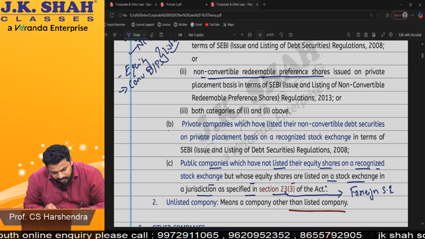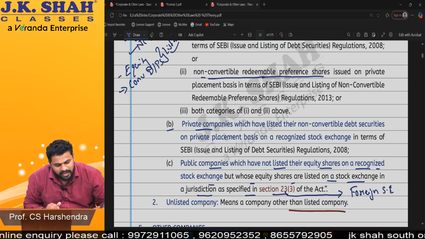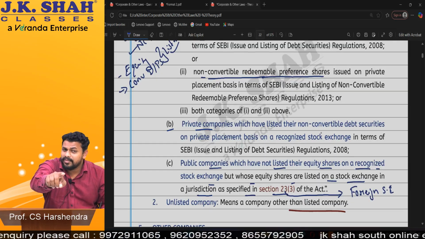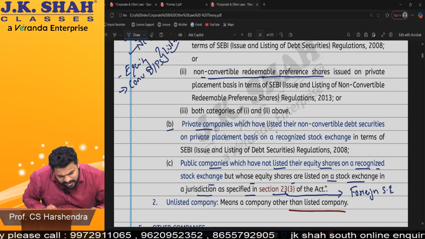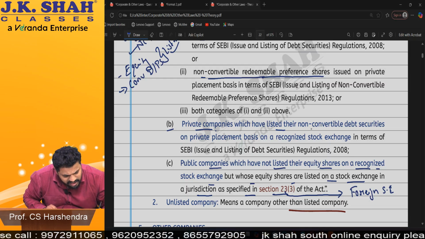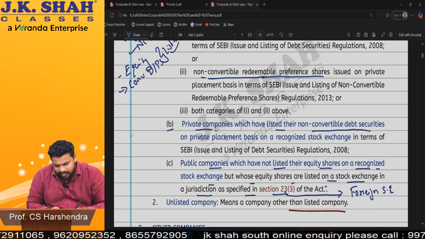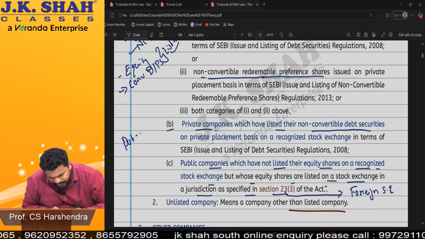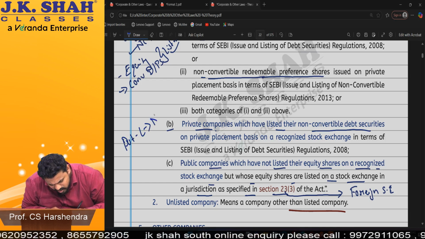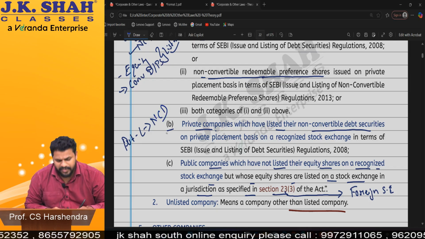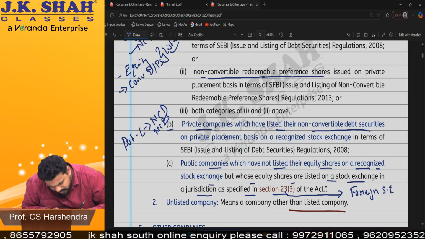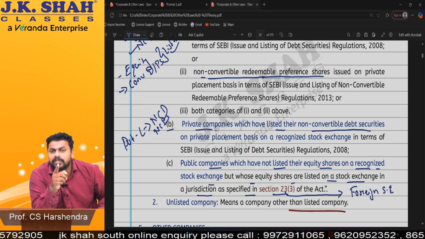Next, point B. If my company is a private company, this is also not a listed company, by the way. If my company is a private company which has listed non-convertible debentures or non-convertible preference shares, will it be called a listed company?